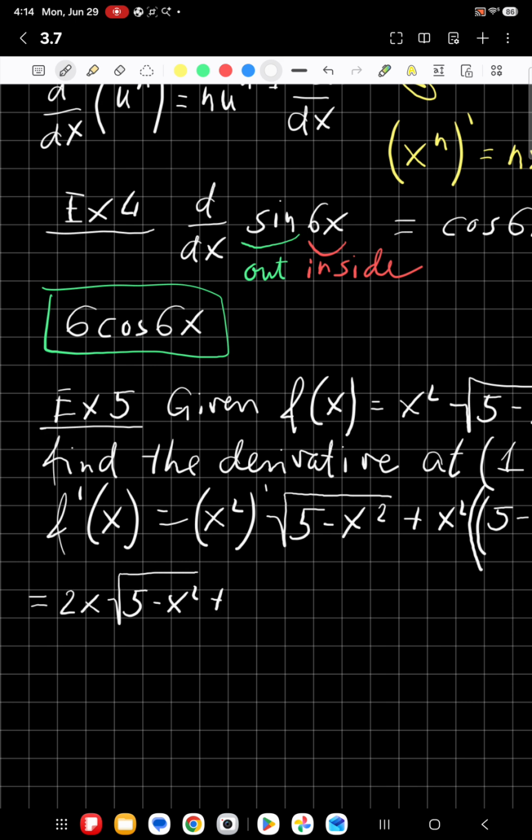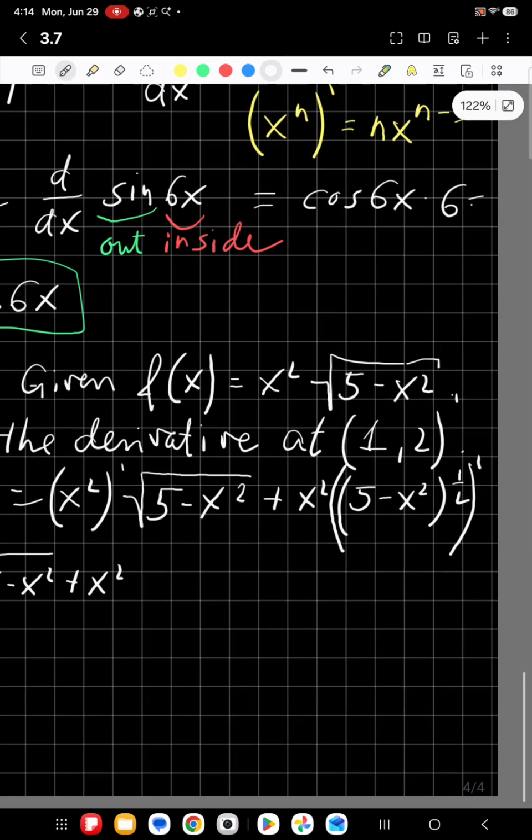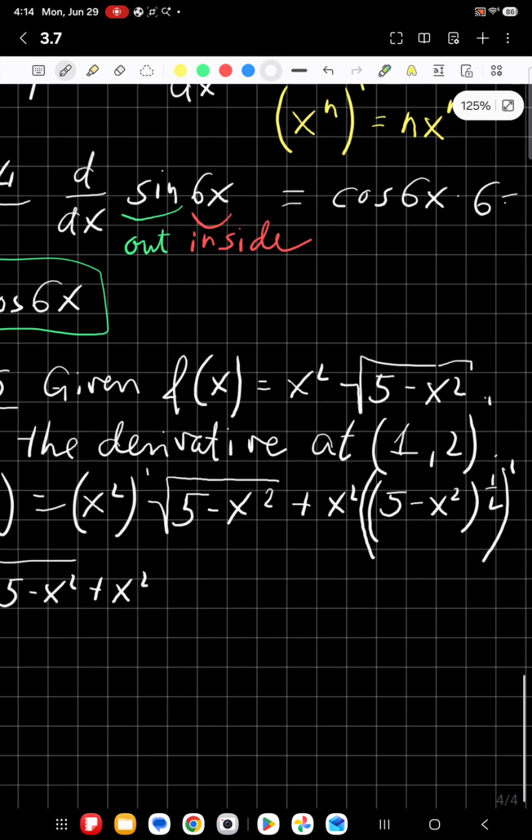Then plus, here we have x squared, and then I need to take the derivative of this composition function, this whole thing. Here we go: half to the front, then 5 minus x squared.